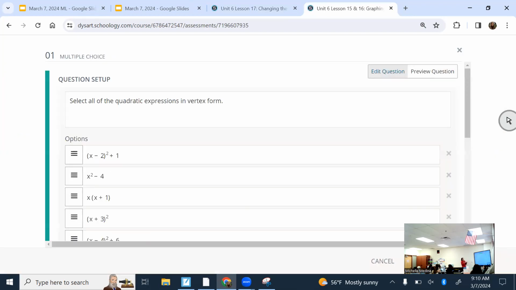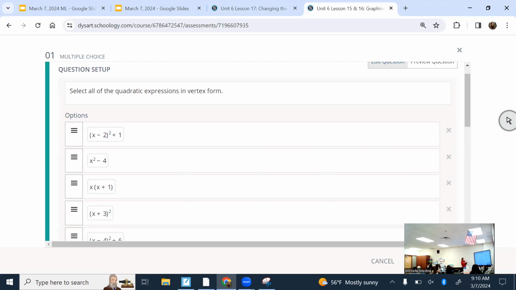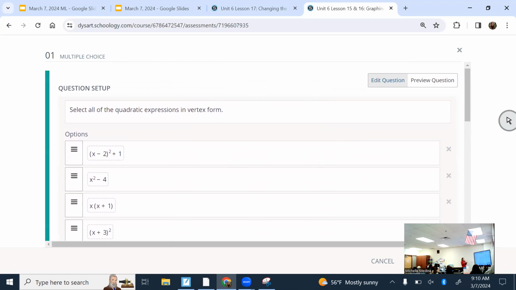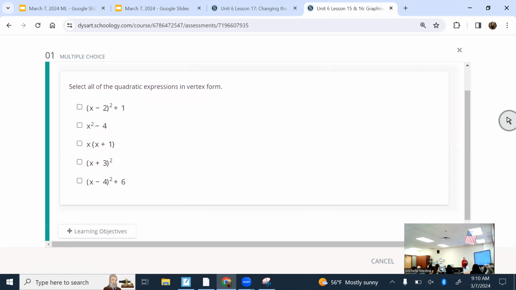So select all of the quadratic expressions that are in vertex form. Is the first one in vertex form? What does the equation look like for vertex form?